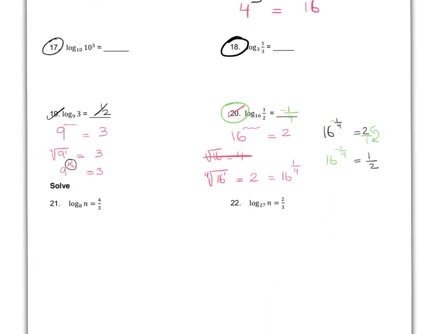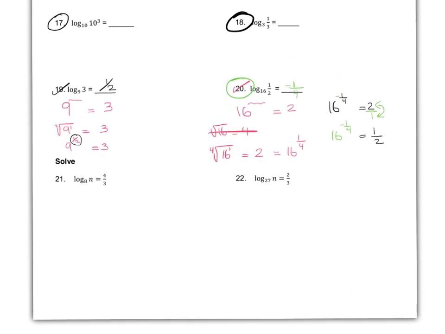Now I'm going to do number 21. Again, to solve something like this, you need to change it to exponent form. We need to find n. So 8 to the power 4/3 would give me n. One way to solve a logarithmic equation is to change it to exponential.